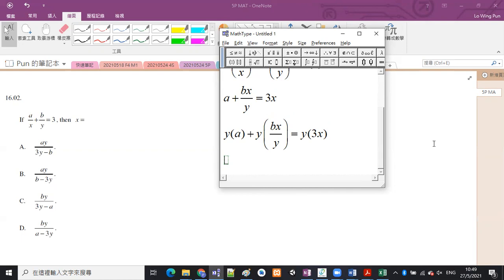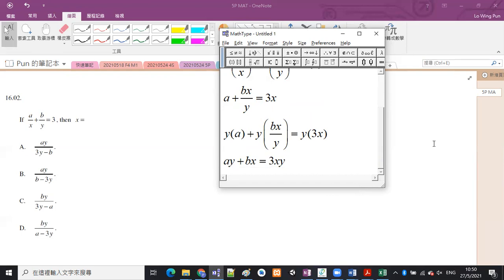The first term is ay plus the second term, the y and the y will be cancelled by each other. So what is remaining is bx. And right hand side, just multiply everything together. It should be 3xy. Are you okay?